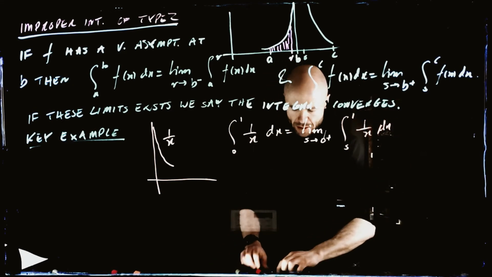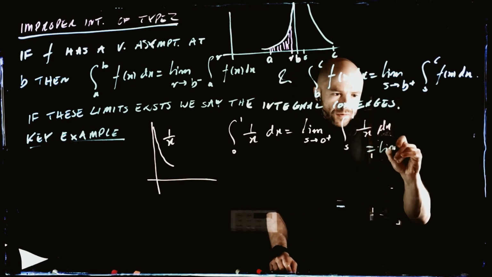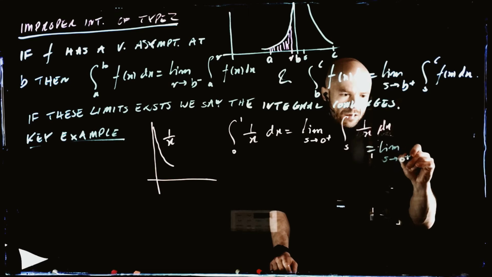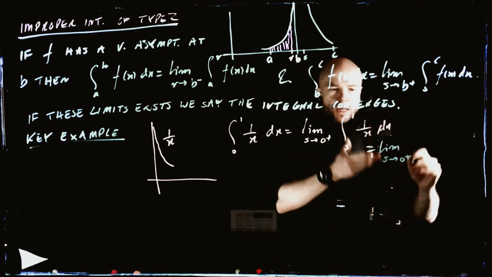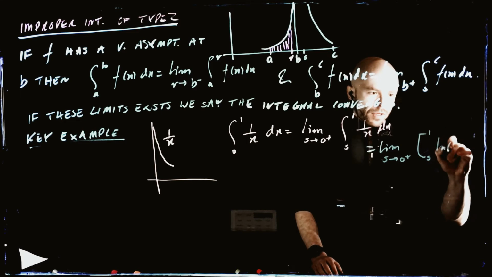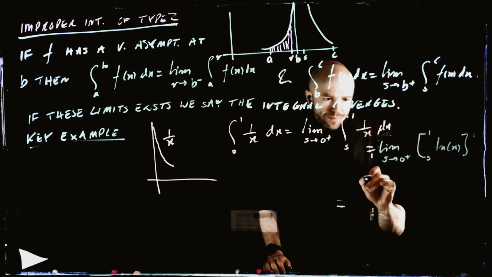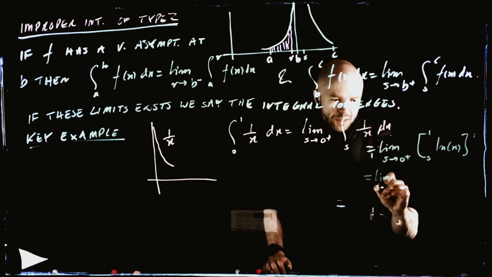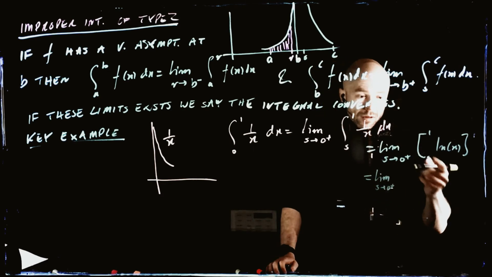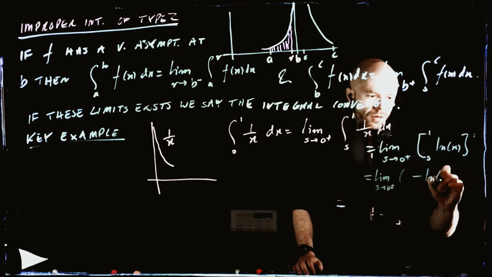And this is equal to the limit as s goes to 0 from the right-hand side. The antiderivative again is log, so we have log of x. This is the limit as s goes to 0 from the right of log of 1, which is 0, minus log of s.